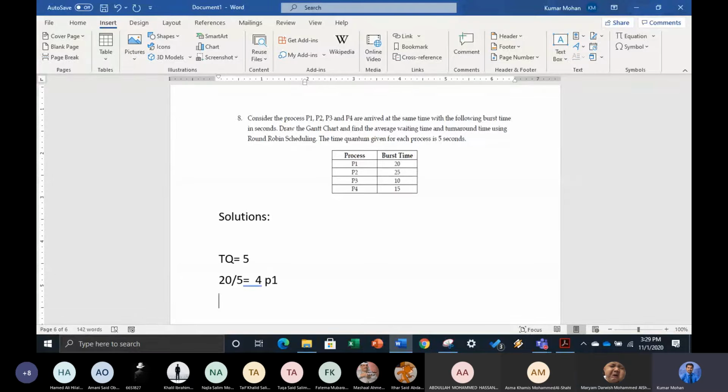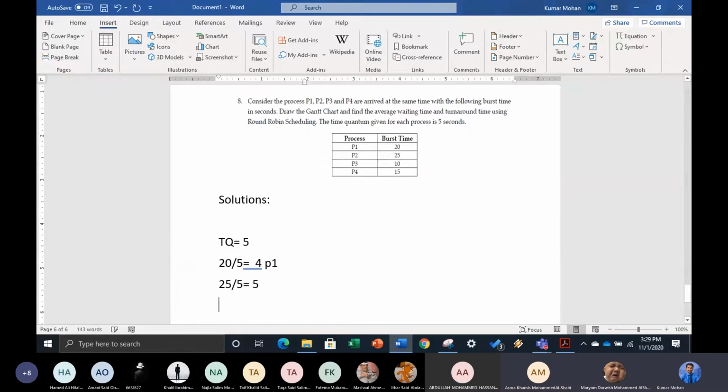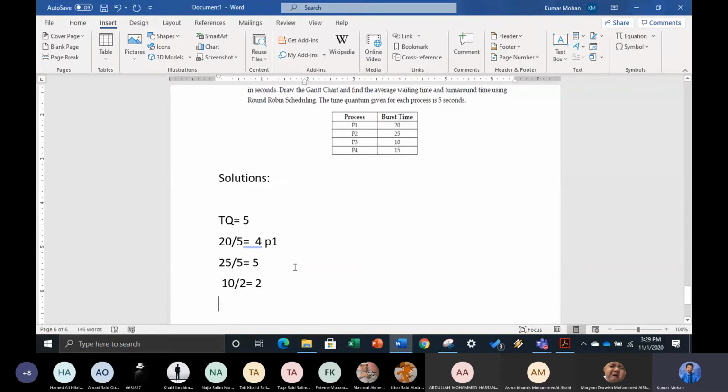How many times P2 will come? 5. P3 will come 2 times. How many times P4 will come? 3.